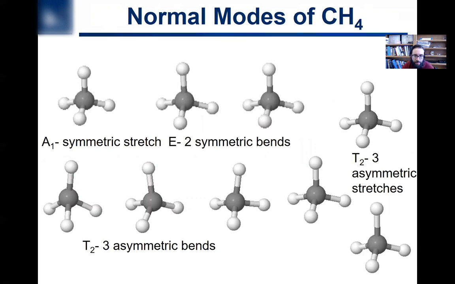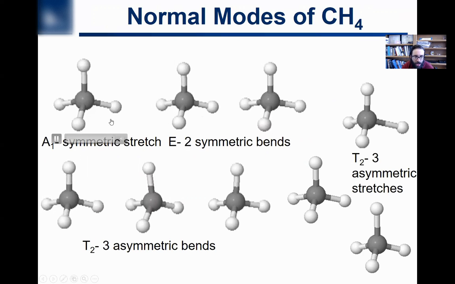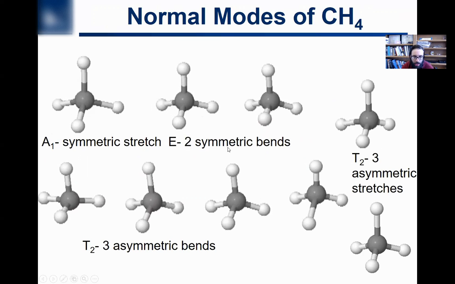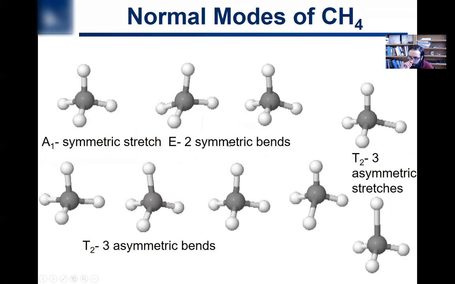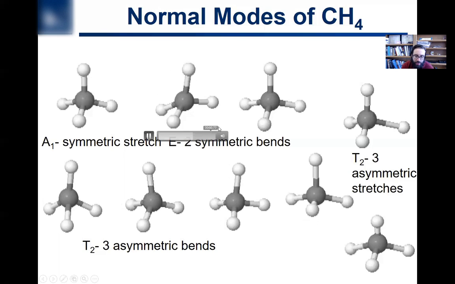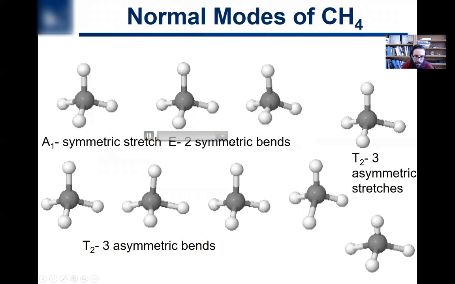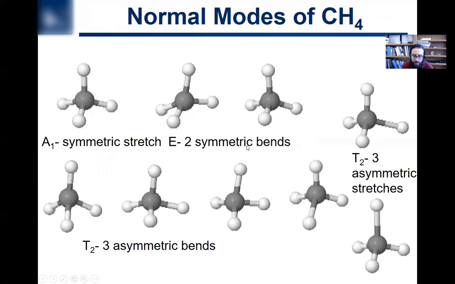Here are the normal modes of methane, there's 9 of them. You can see that there's a symmetric stretch. It's very symmetric. It's A1. These are called symmetric bends, but in a strict sense, we should call them asymmetric bends. In spectroscopy tables, you'll often see them called symmetric bends.